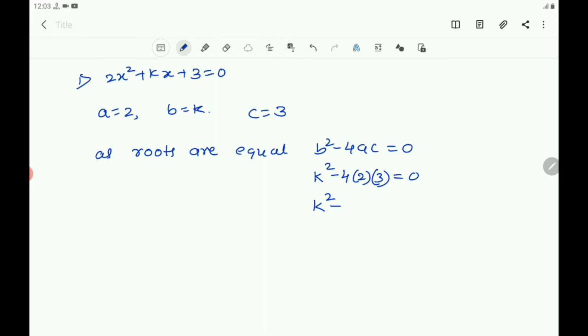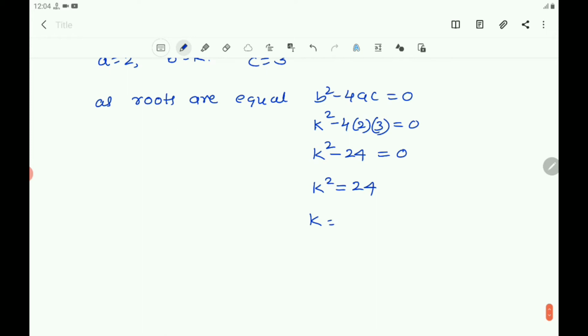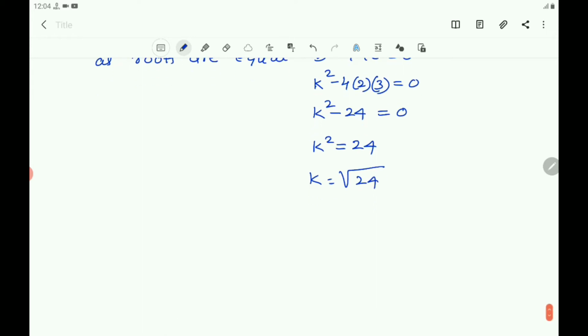Then it is k square minus 24 equals 0. Then k square equals, transfer that 24 to RHS, 24. Then k equals square root of 24.